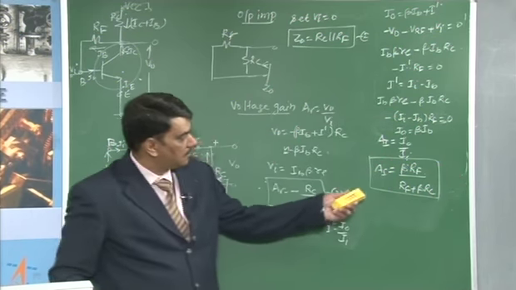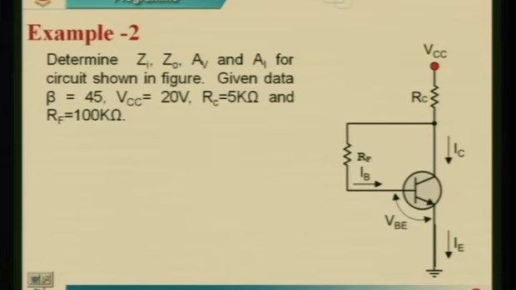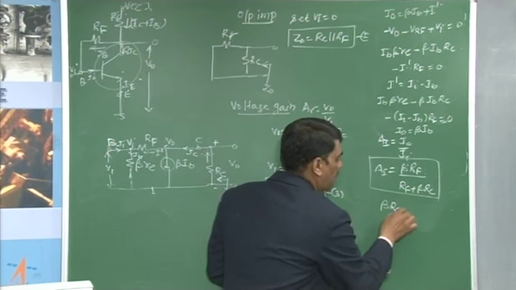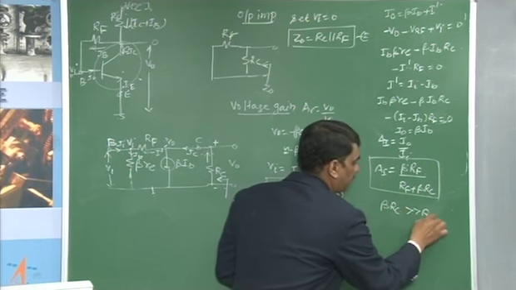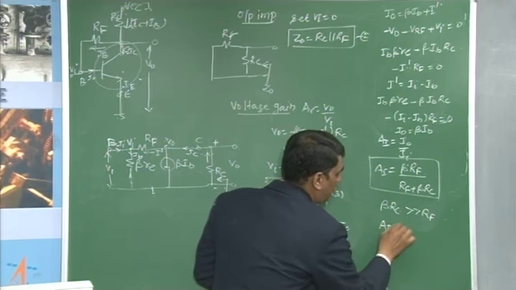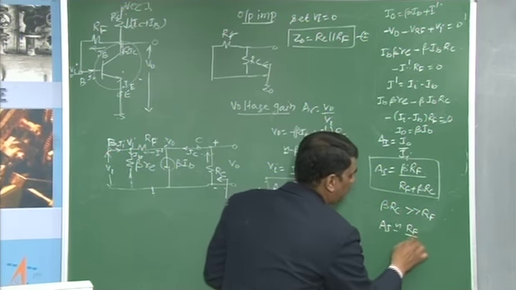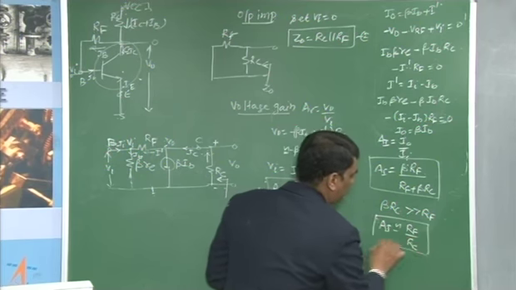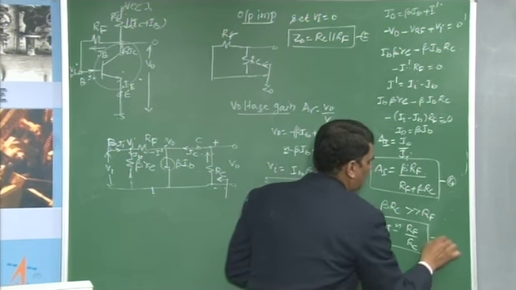If you want an approximation, if beta times RC is much greater than RF, then A_I is approximately equal to RF by RC. This is equation 4 and this is equation 5.